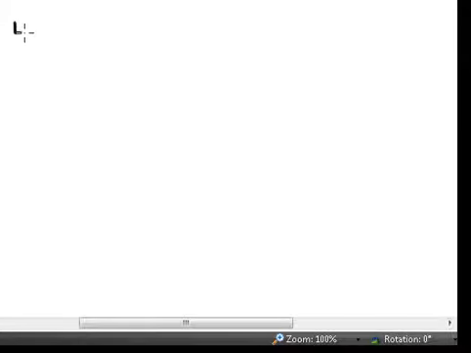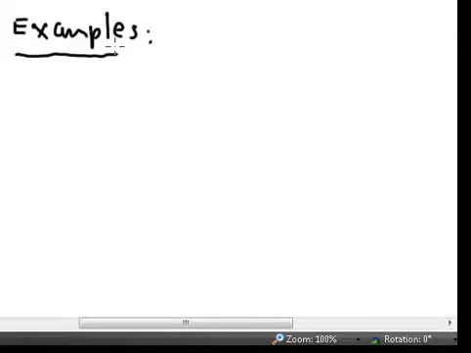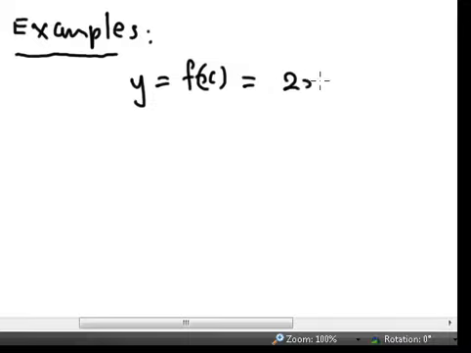Now we'll talk about an example of a function. In this case, I'll write here y equals f of x equals 2x plus 1.